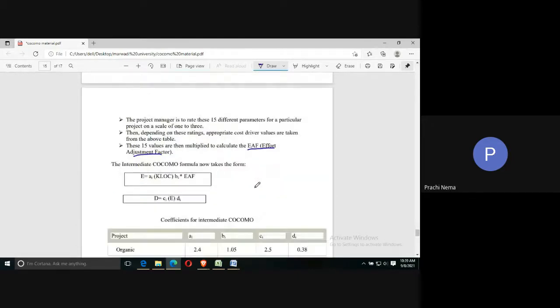In that way you will get EAF. The formula for calculating effort and time in the intermediate COCOMO model is the same. It's just that it has one extra detail, that is the effort adjustment factor, which we calculated based on the various attributes and their cost values.